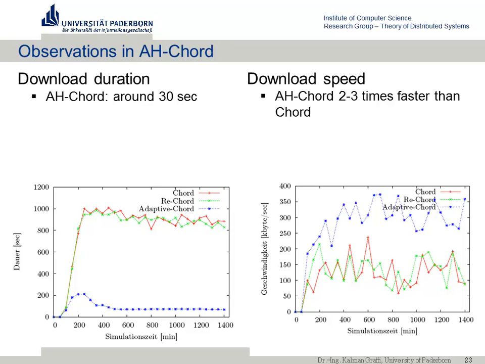The download speed is also double or 3 times higher than in Chord. So with this small modification of introducing another overlay to make the capacities of the peers searchable, it was quite easy to address this problem of Chord of having weak peers overloaded.